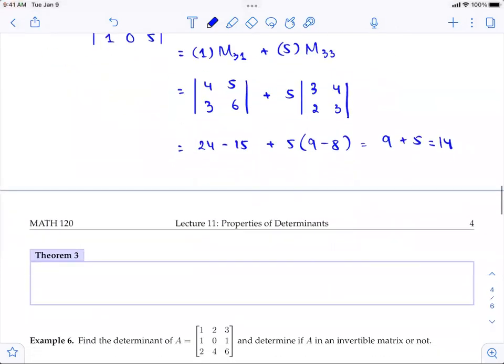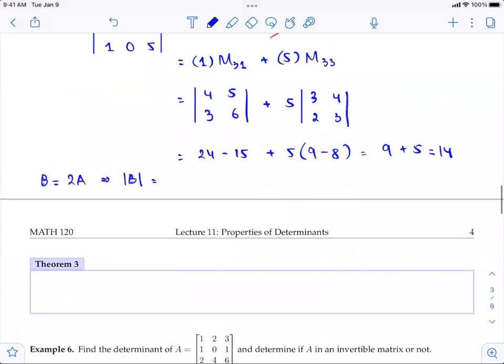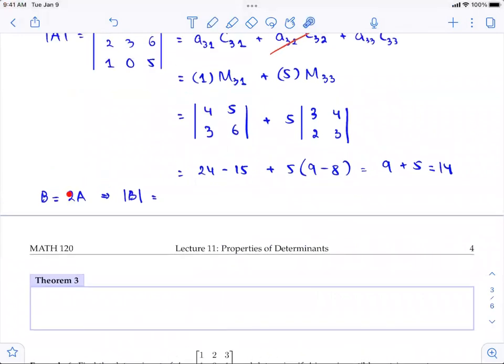Now for the matrix B, we know that B is equal to 2 times A. So therefore, the determinant of B, or let me be careful here, you'll find the determinant of 2A, right? So k in this case is equal to 2.